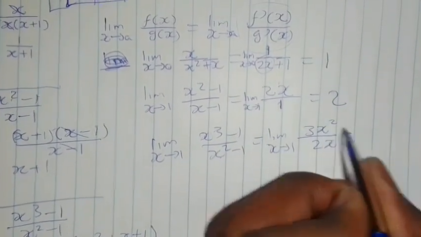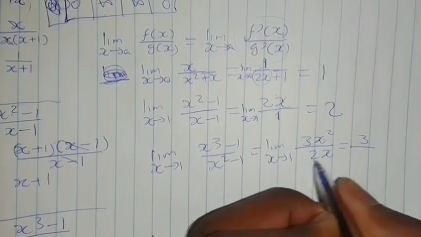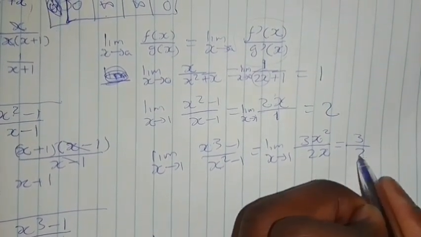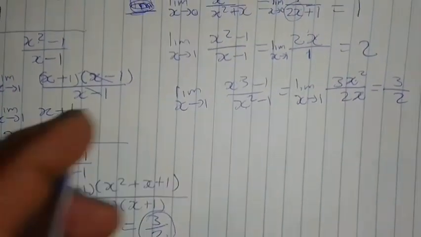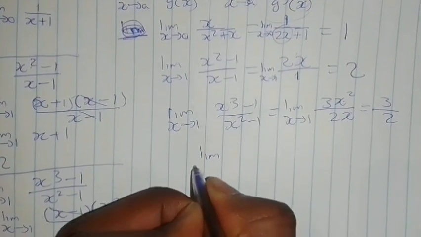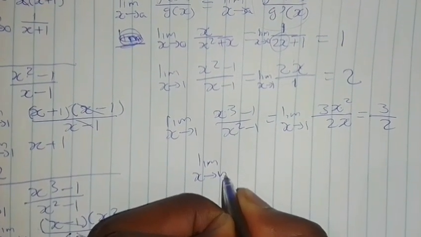Now when we approach 1, 3 times 1 squared is 3, and 2 times 1 is 2. So you still have the solution we got here. You can do this as long as you approach 0 over 0 or any of the 4 conditions here.